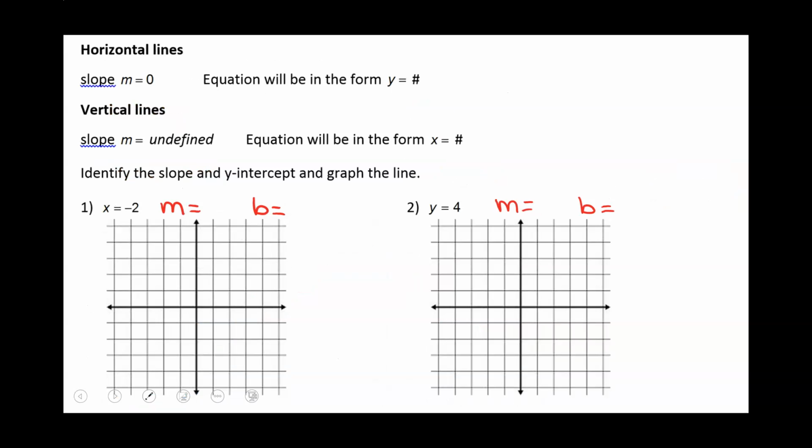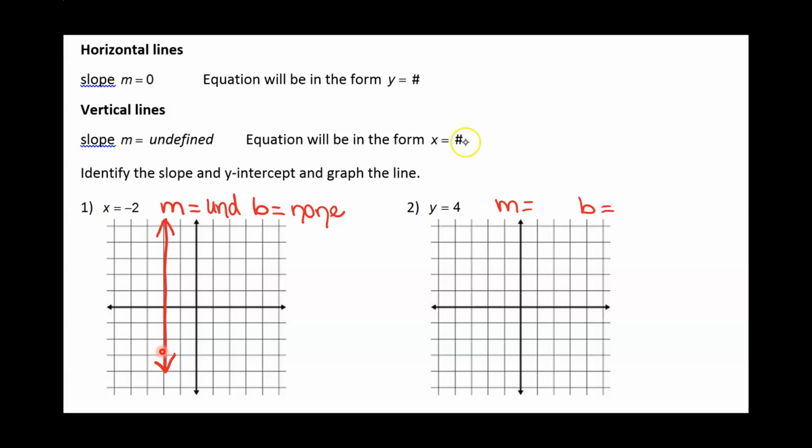Now, there are a couple of special cases. If you have a horizontal line, every horizontal line is going to be the equation y is equal to some number. If you've got the equation of a vertical line, that's going to be x is equal to some number. So if you've got x is equal to -2, we come to -2 and we draw that vertical line.